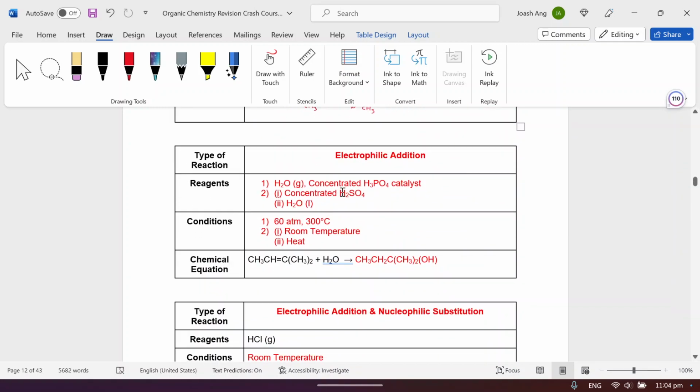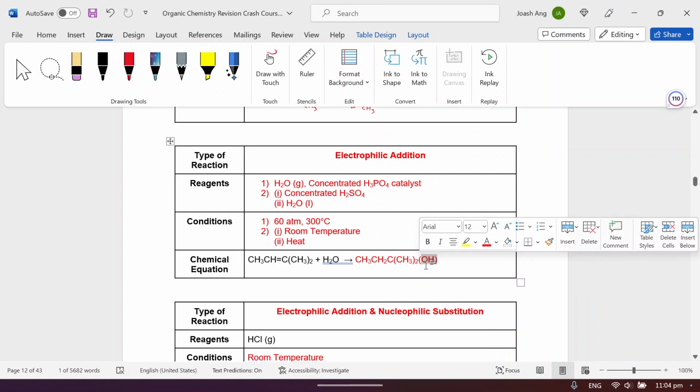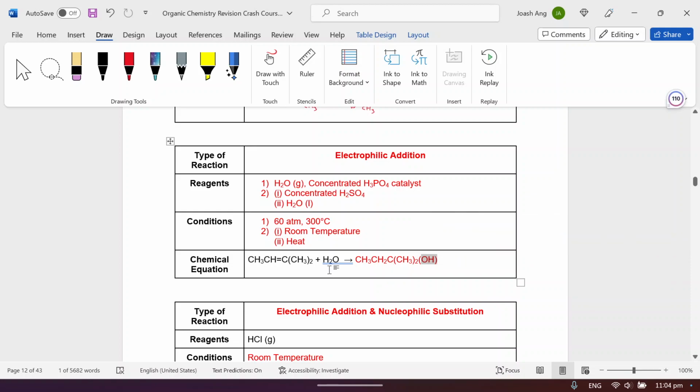Now we'll see that this reactant undergoes electrophilic addition because there's a C=C double bond, and water is used as a reactant to form an alcohol. Take note that the OH goes to the carbon that is more substituted, but the hydrogen of the water goes to the carbon that is less substituted.